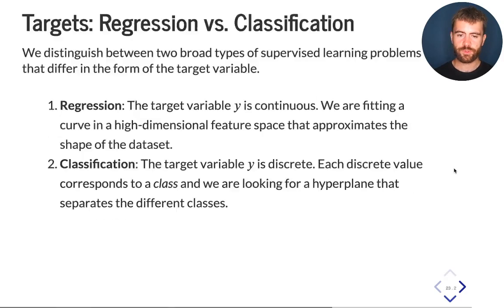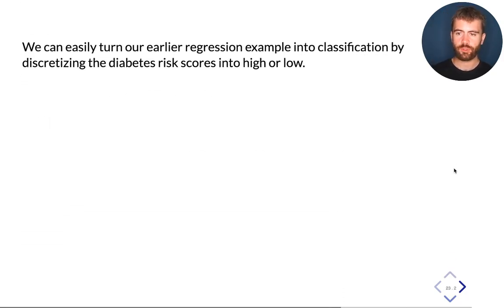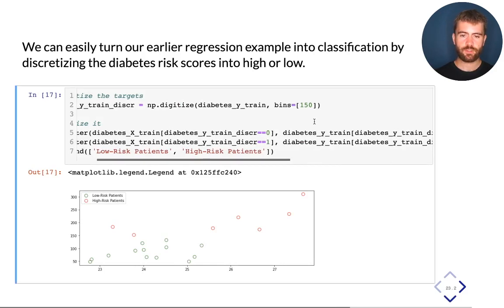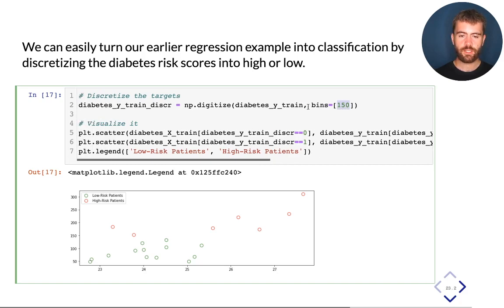This is a really important distinction. And just to make it a little bit more concrete, let's look at an example of a classification problem. We can often turn regression problems into classification problems. For example, we could discretize our diabetes risk into either being high or low. Here, I am just arbitrarily choosing the threshold of 150 to decide whether a patient is high risk or low risk. And here you can see that I have separated these into two classes.